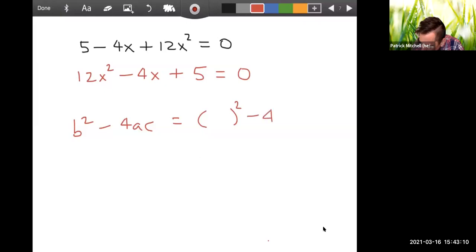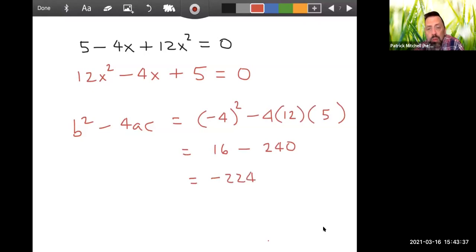Okay, so in this equation, b is -4, a is 12, and c is 5. The square of -4 is 16. And 4 times 12 times 5, I think that comes out to 240. 16 minus 240 is -224. And the only important thing about that is that it is negative.